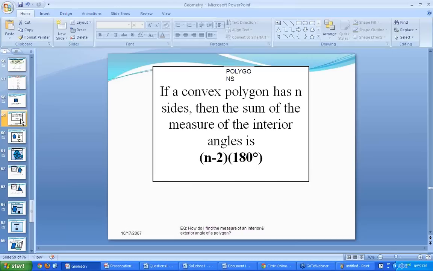So can somebody get me the sum of the measures of the interior angles of a heptagon? I had just shown you. I hope you know how many sides a heptagon has. Shobhit, not correct. Sumit, Ankit, Sandeep, correct. Abhishek, correct.